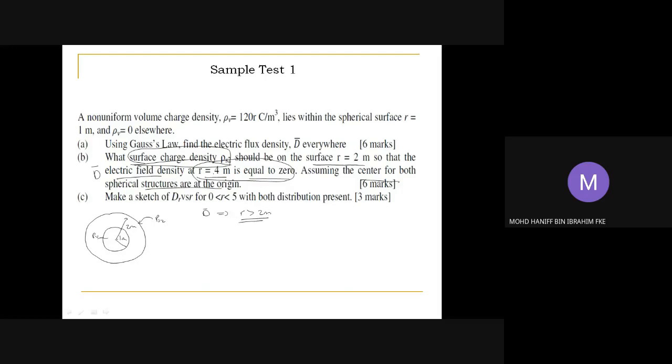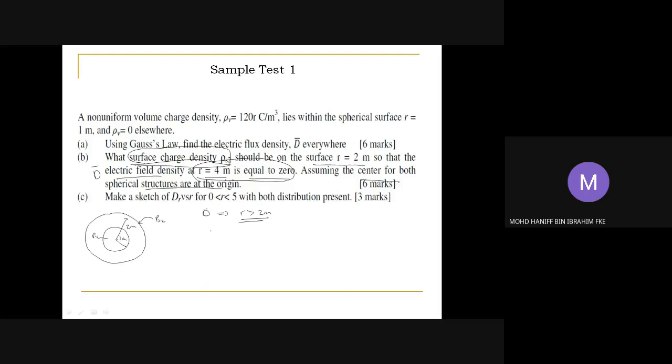So you need to find the flux density first, and afterwards you need to equate the flux density D to be 0 at the 4 meter value. That is the trick, the tip behind this problem. Okay, so let us proceed with the solution.